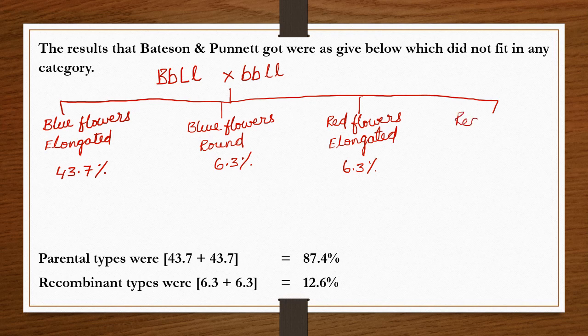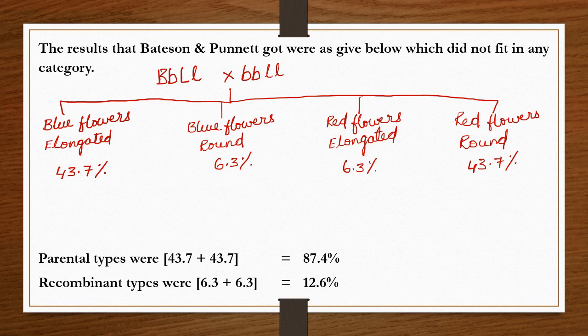And lastly, the red flowers with round pollen grains appear at 43.7%.